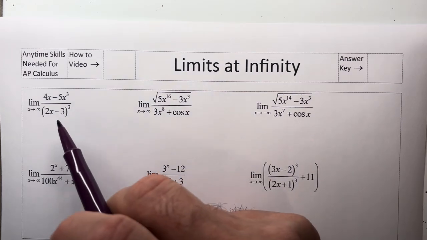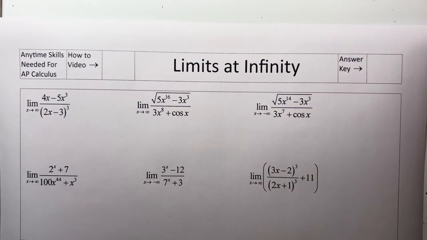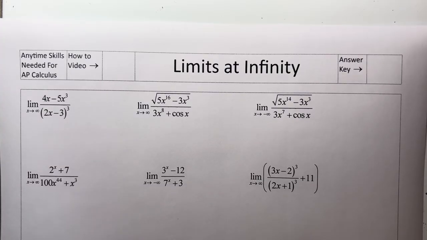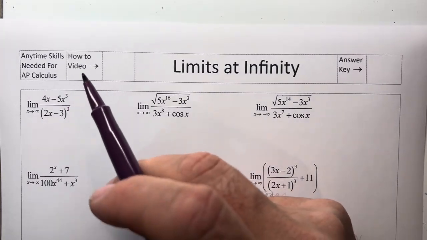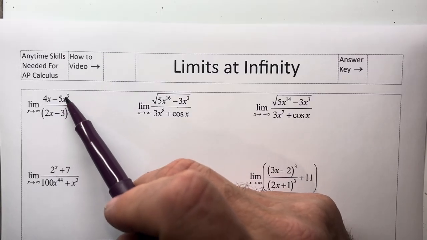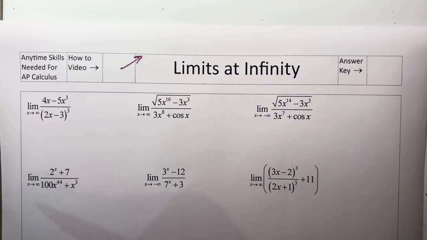90% of the time, we're really looking at fractions and comparing the top of the fraction to the bottom of the fraction. Because if the top dominates, if it grows a lot faster than the bottom, then the function itself will go to infinity.